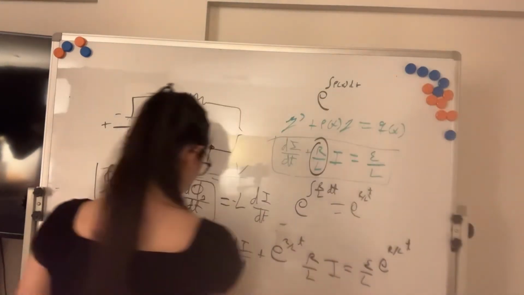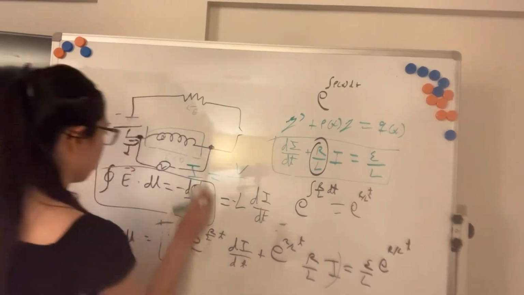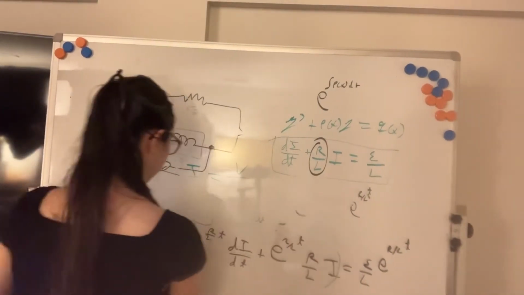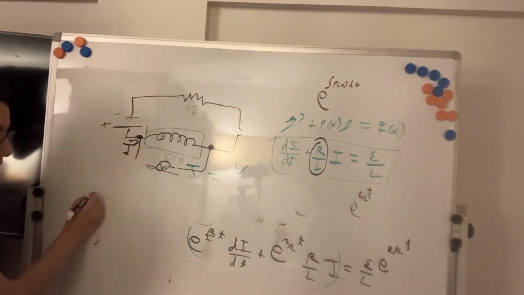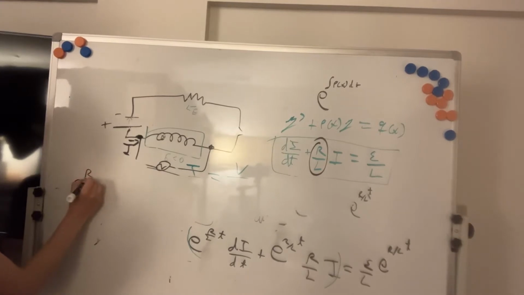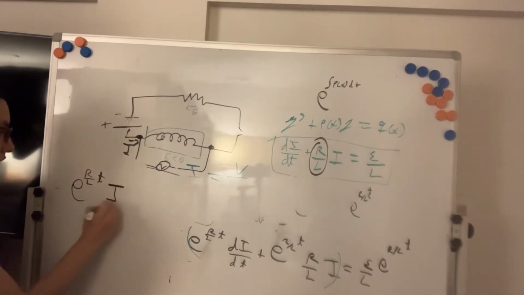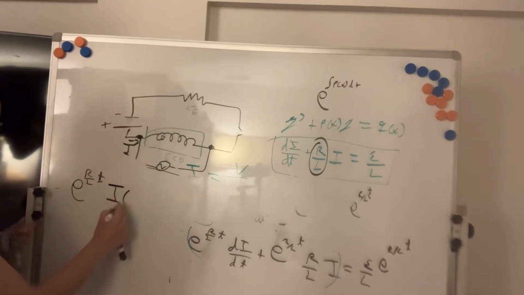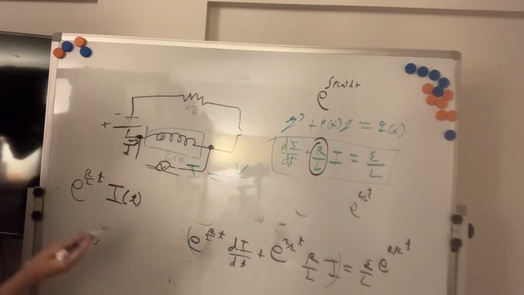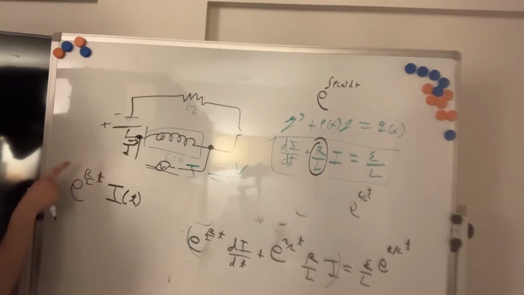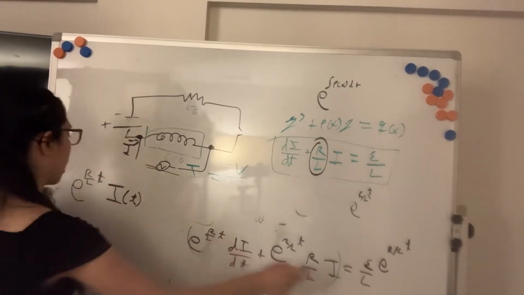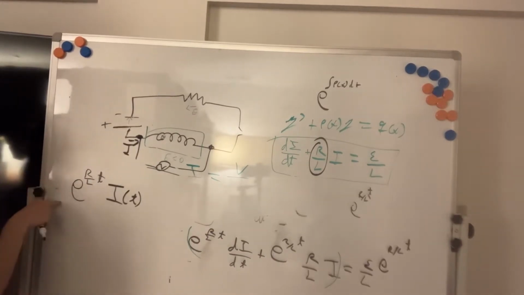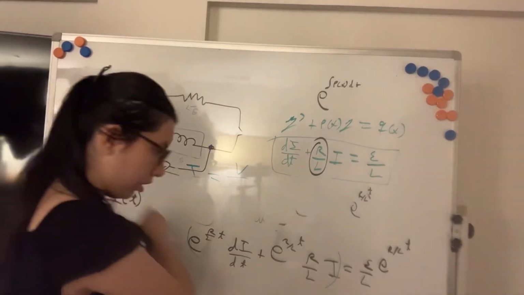So we recognize that this is just the derivative of the product e to the R over L t times I, because if we take I being a function of t, of time, and take the derivative, we will have this times the derivative of this, so e to the R over L t di/dt, and then this I times the derivative of this, that is R over L times e to the R over L t.